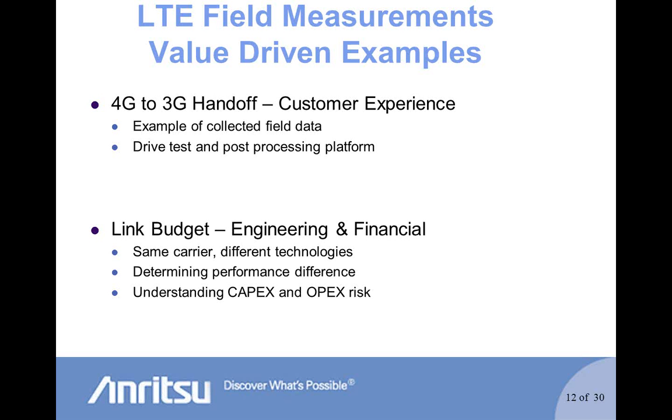So in the spirit of new LTE networks, and as you deploy 4G overlays over an existing 3G network, I'm going to talk about two key areas. One of them is an empirical example of a 4G to 3G handoff and what the customer experience is. And then also, we're going to talk about link budget. And we're going to talk about why link budgets are so important and how to leverage field measurement in order to successfully plan.